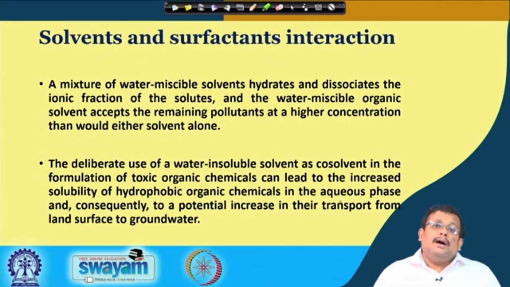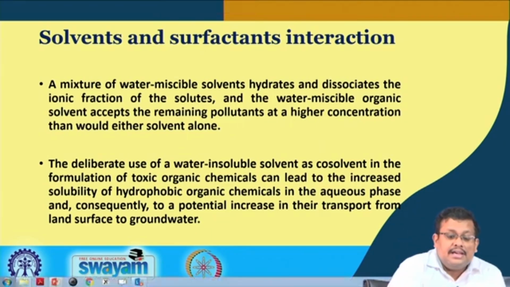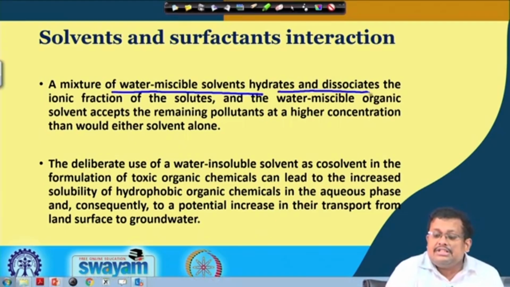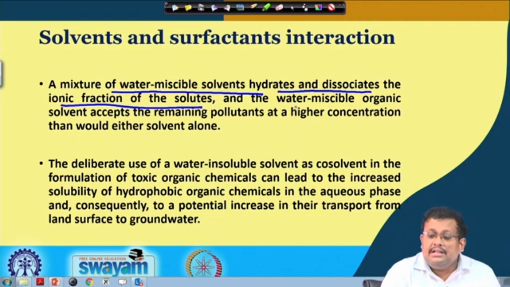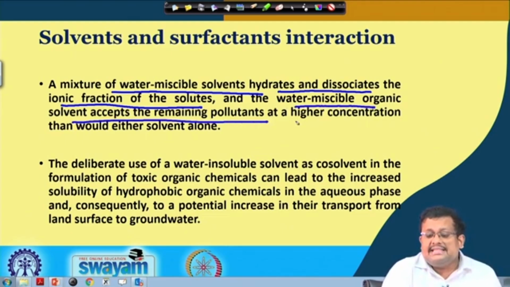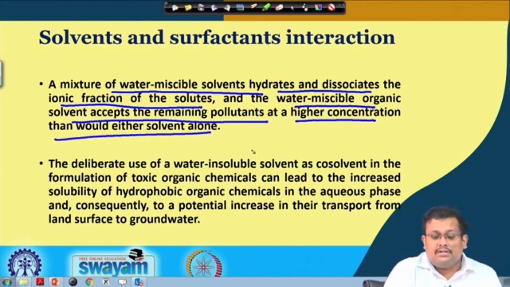A mixture of water miscible solvents hydrates and dissociates the ionic fraction of the solutes, as we have talked about in the last slide, and the water miscible organic solvent accepts the remaining solute at a higher concentration than would either solvent alone.